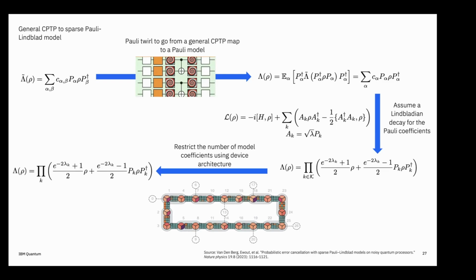Would you have to do this process specifically for your hardware every time? Yes. So you have to know what your device looks like, where the crosstalk between the devices is, right? And in fact, the learning process in order to determine the lambda coefficients has to be done repeatedly, right? Like every 8 hours or every 6 hours, you need to go and get these coefficients exactly right because the device might have changed.